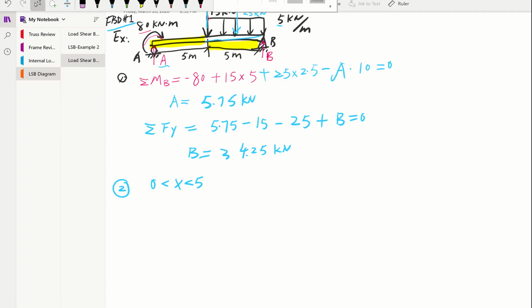In order to do so, we're going to make our cut. We're going to make our first cut anywhere in the first half, that's where we cut. Then we're going to draw our FBD number 2.